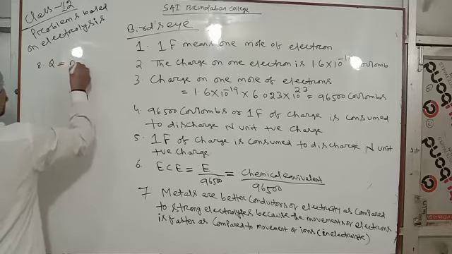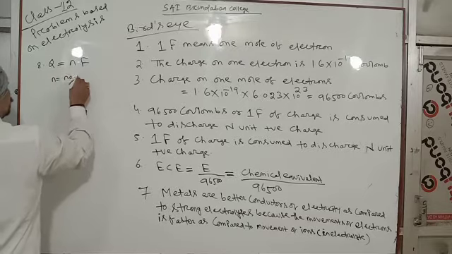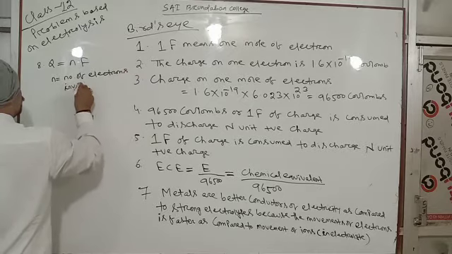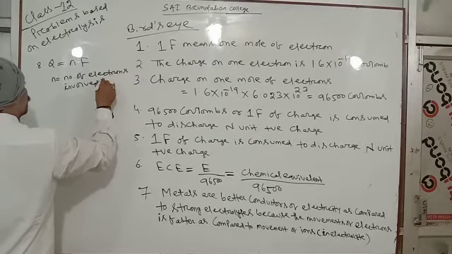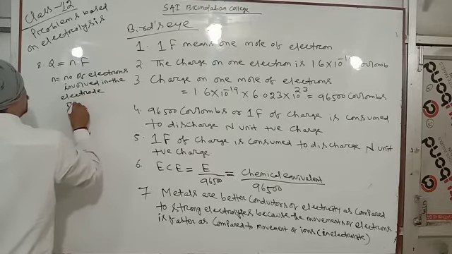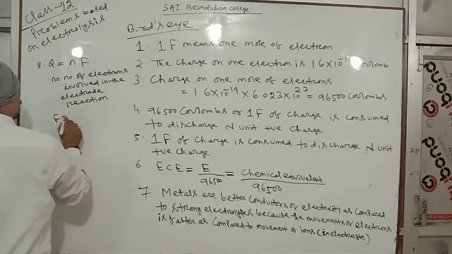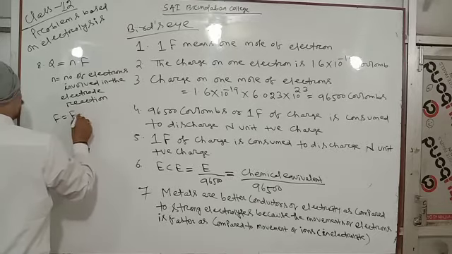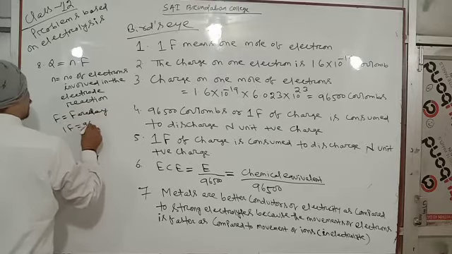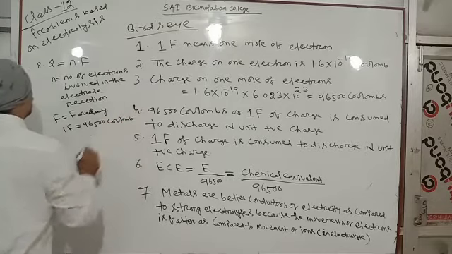Q equal to nF. n is the number of electrons involved in the electrode reaction. F is the Faraday; 1 Faraday equal to, as you know, 96500 coulomb.